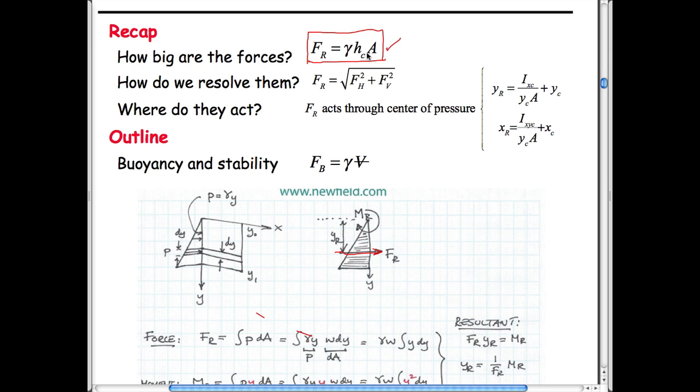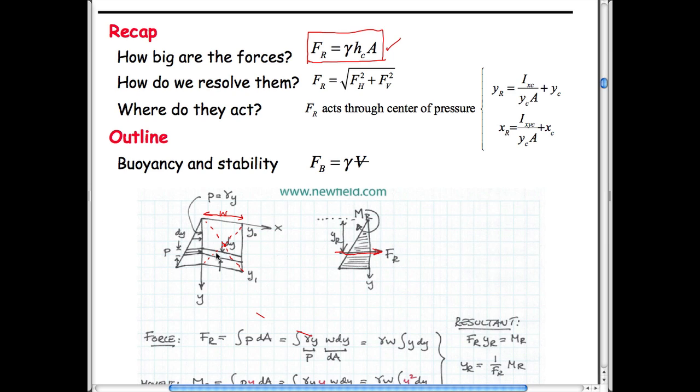This is the area of the plate which the fluid pressure is applied on, which in this case is this area here. The difference between y1 minus y2 multiplied by the width, which I guess isn't on here. I think we used last time. h_c is the depth of the centroid. So for this particular plate, the centroid, as we said last time, is the point of balance of that plate.